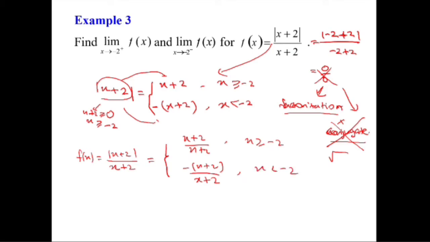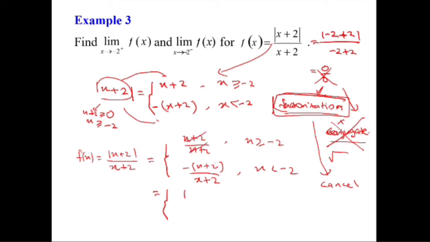And up to this part, this is what we want. Remember, in the previous lectures, whenever you use the method of factorization, because the limit is 0 over 0, what you want to achieve is to cancel off a linear factor, at least one linear factor. So is there anything that you can cancel off? Well, here, yes, you still can simplify. x plus 2 divided by x plus 2 is 1.